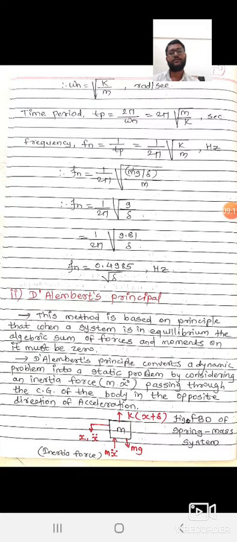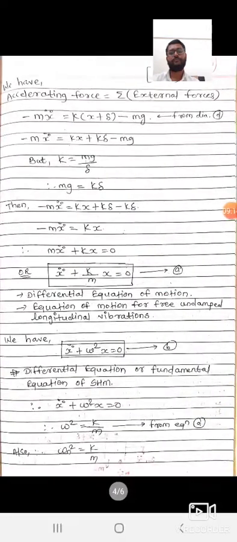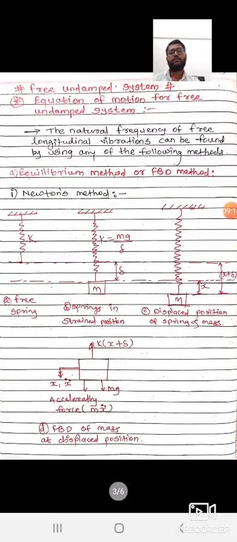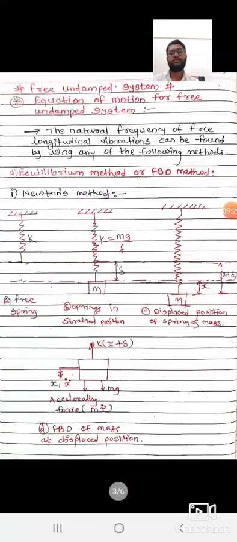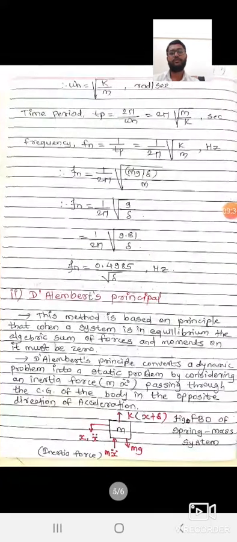So this first equation is all about free undamped vibration by Newton's method. The second one is D'Alembert's principle, the second method to evaluate it, along with the equilibrium method or FBD method.